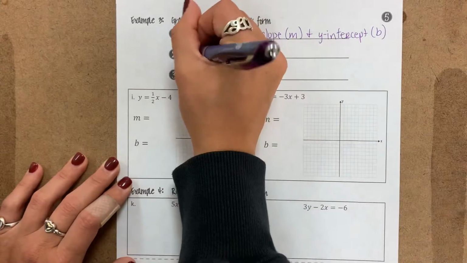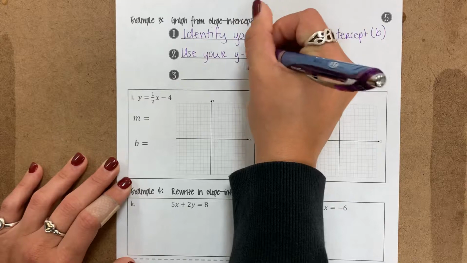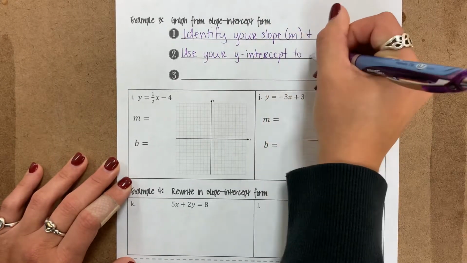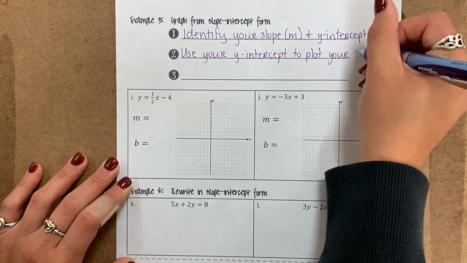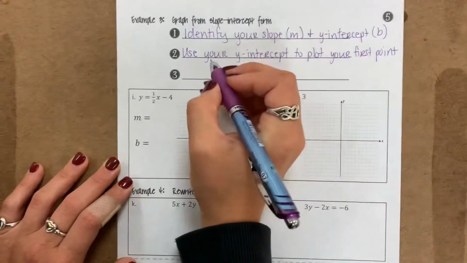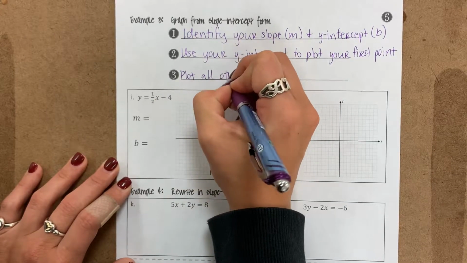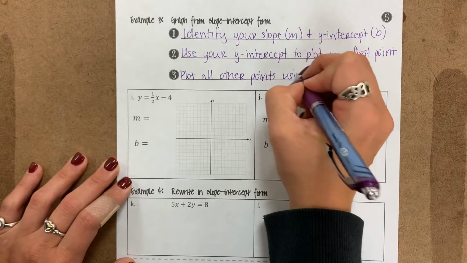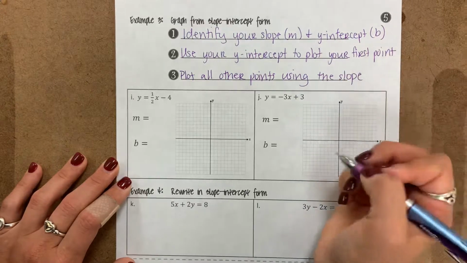Step 2 is we are going to use your y-intercept to plot your first point. Step 3 is plot all other points using the slope. So our rise over run.